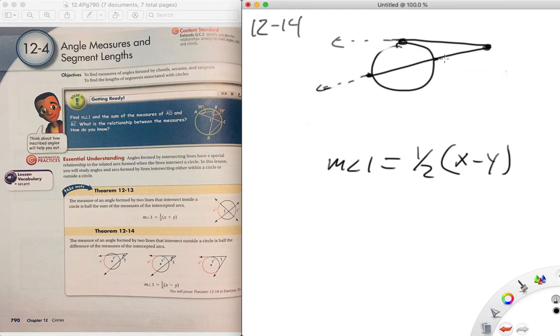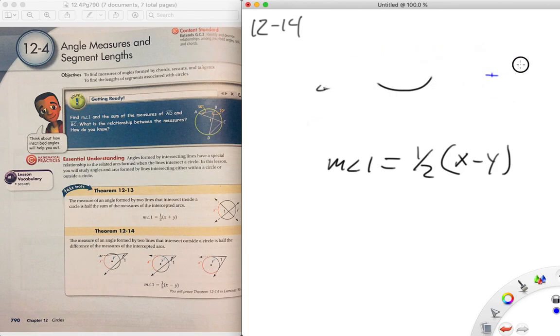So you still have an X over here and a Y over here, so the equation still holds true. Nothing has changed in that regard. It's still 1/2 of X minus Y to find angle 1. So that's case number 2: one tangent line and one line that goes through the circle at 2 points.